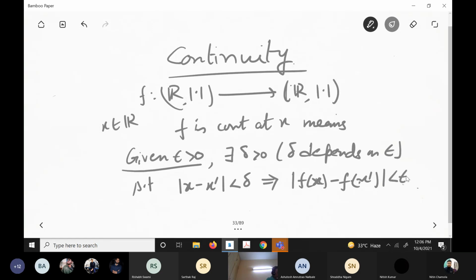So now instead of this, if you have a function between two metric spaces.